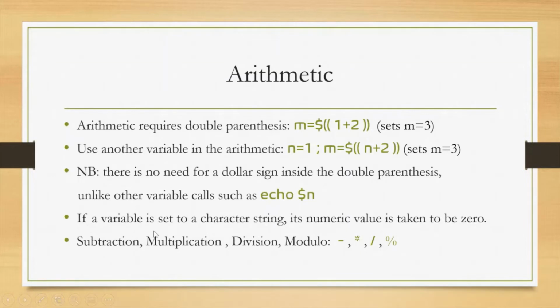If a variable is set to a character string, then it just takes its numeric value to 0. And the symbols for subtraction, multiplication, division, modulo are as follows, as shown here, the usual ones.